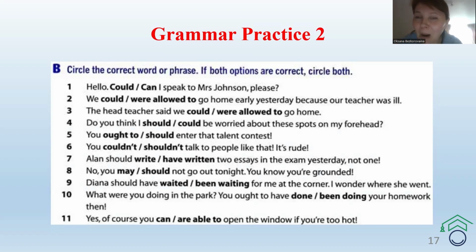What were you doing in the park? I mean, I saw you at 6 o'clock in the evening and you were in the park. But instead of that, you ought to have been doing your homework at that time. You see? Here, the action should have been in progress, yeah? Okay, thank you. Thank you, Victoria.